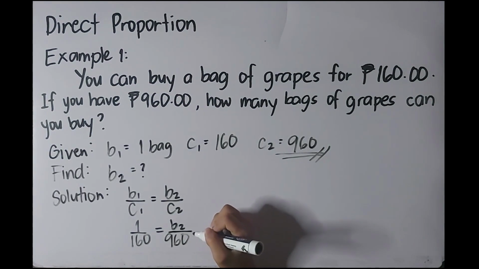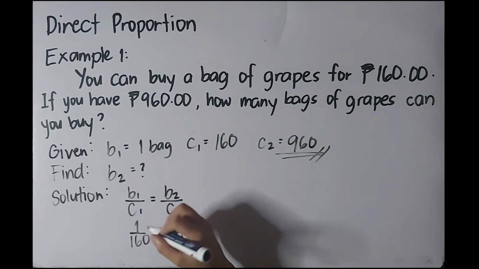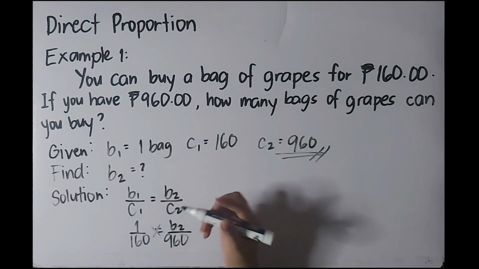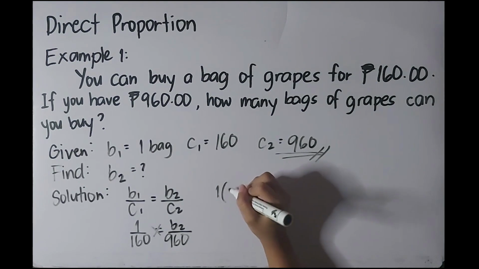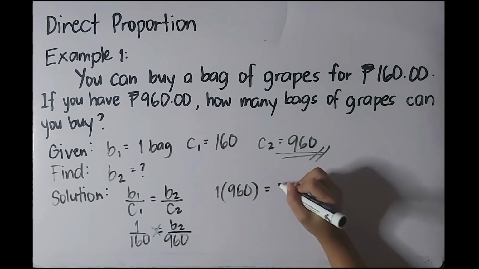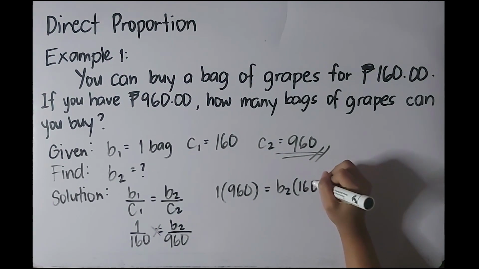So we are looking here for B2. Let's solve. To solve this, we can cross multiply the two ratios. So we have 1 multiplied by 960 pesos equals B2 multiplied by 160 pesos.